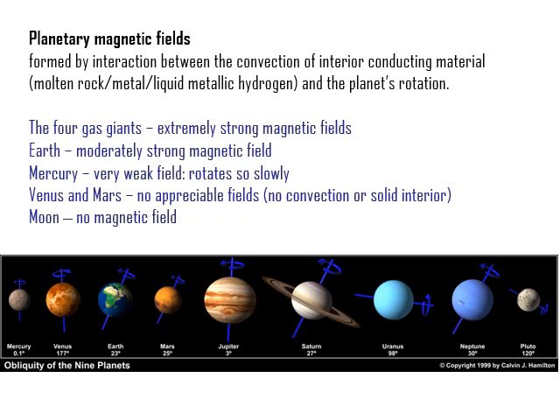At least what you need to have is part of the core needs to be stiffer than another part of the core, and that liquid part doesn't need to be liquid metal, so it can be metallic hydrogen, for example. The four gas planets have extremely strong magnetic fields. The Earth, relative to other planets, has a moderately strong magnetic field.